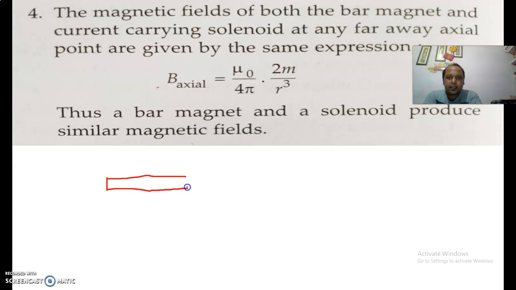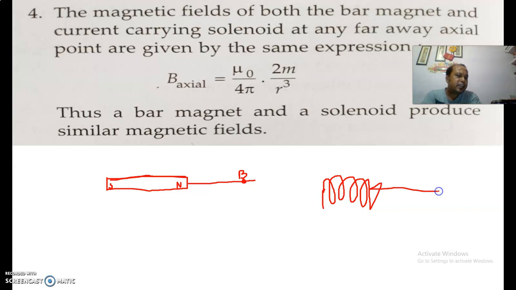Suppose this is the bar magnet, and it has a south pole and a north pole, and on its axial line, this is the axial line, if we want to find the magnetic field at the point here, and we want to do the same thing in a solenoid also. Suppose we take a solenoid like this. Now on the axial line of the solenoid, suppose this is the axial line of the solenoid.